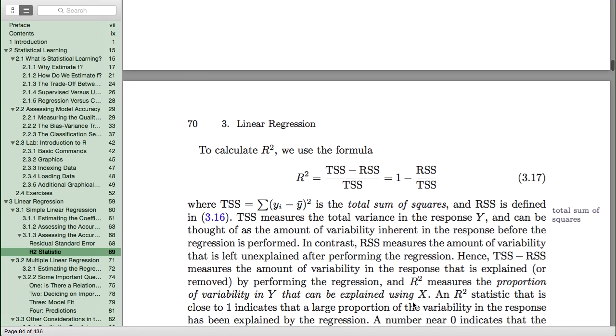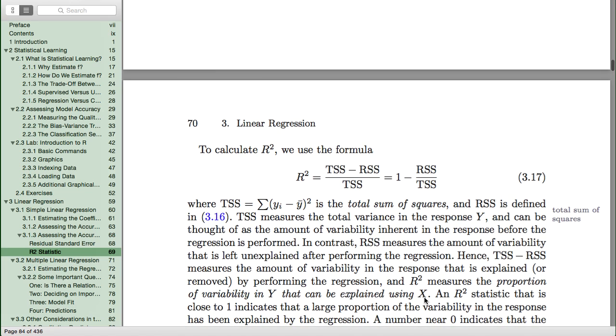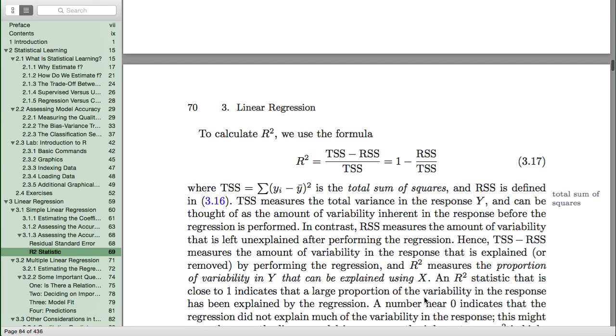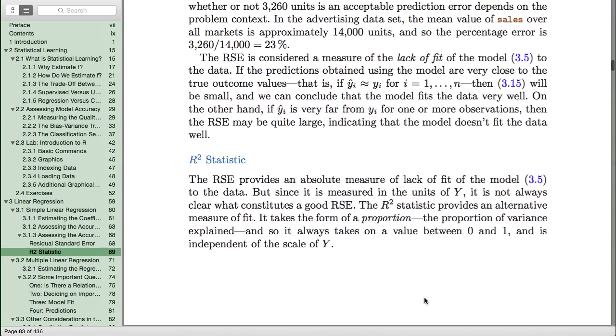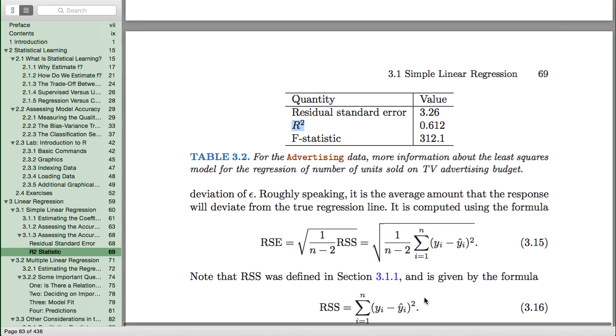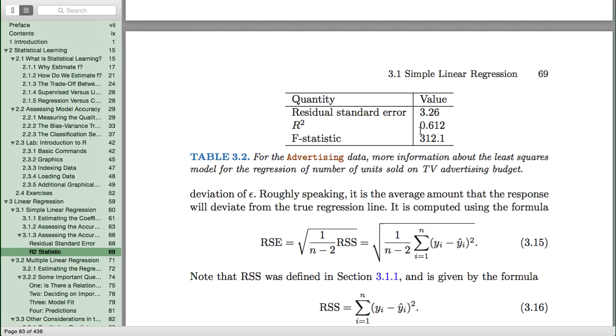So if R squared is close to 1, it means that this model has explained most of the variability in the data. If the R squared is near 0, it indicates that the regression did not explain very much of the variability. So in this example, where was the example we had here? 61%. In this example, it's explained more than half of the variability, but that's not a terrific amount.